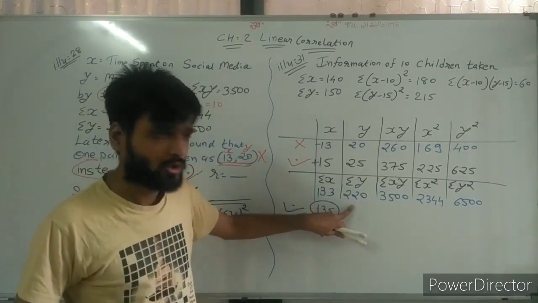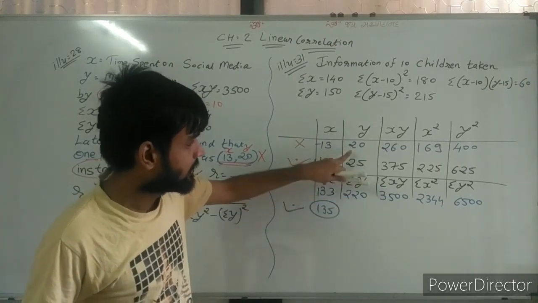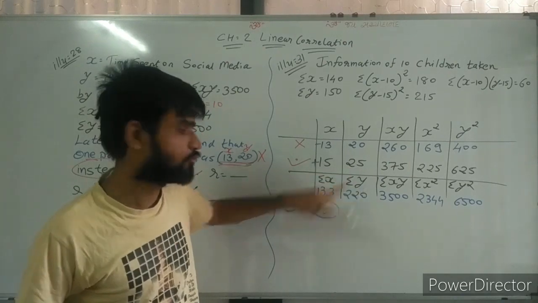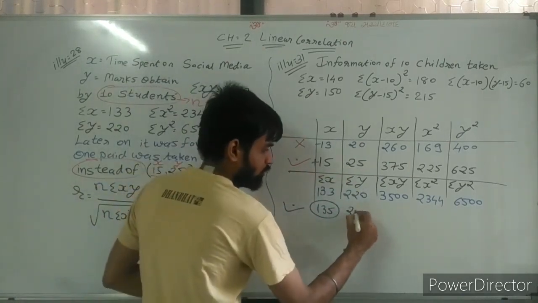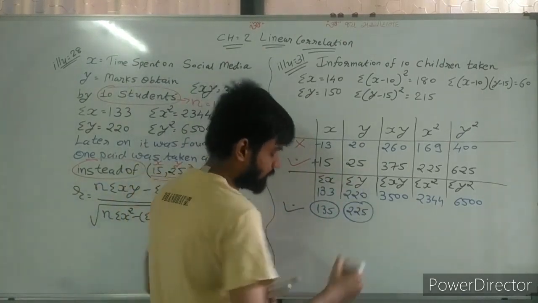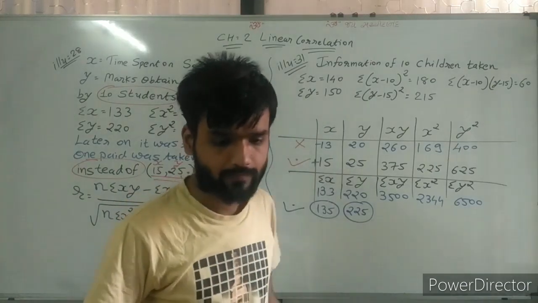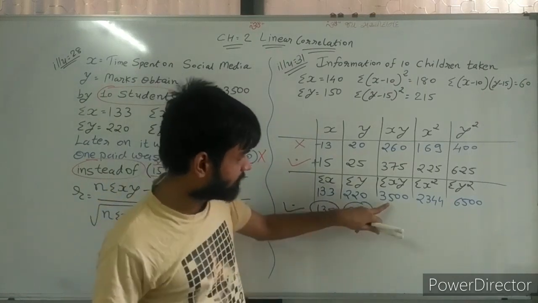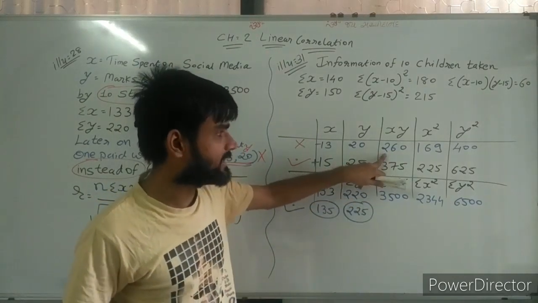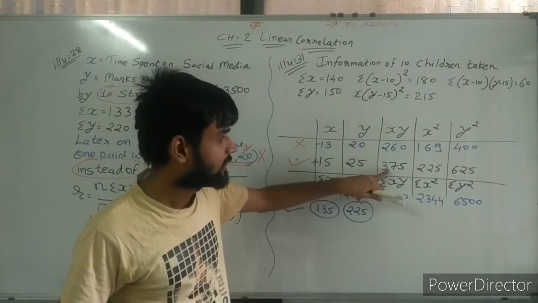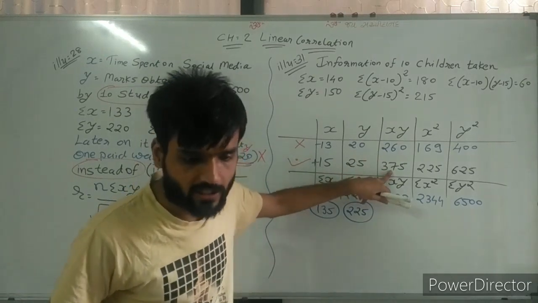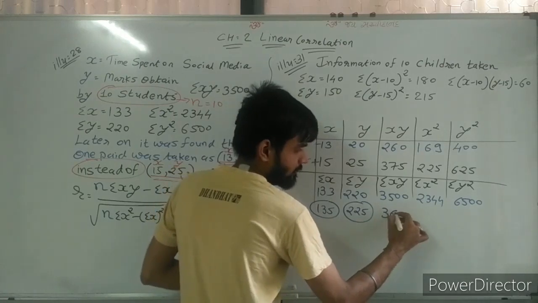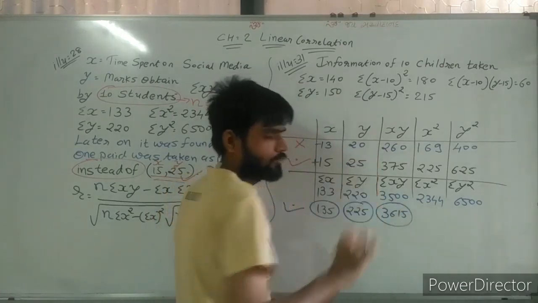In the same way, sir, here also 220 minus 20 plus 25. So 225 will be the answer. The next, 3500 minus 260 plus 375. 3615 will be the answer.